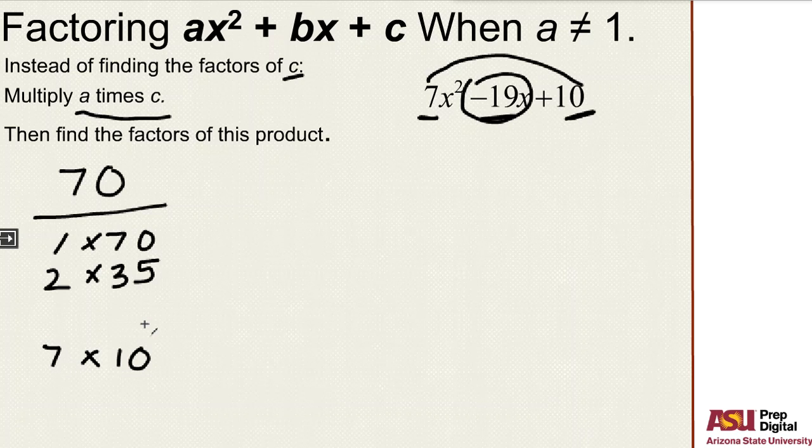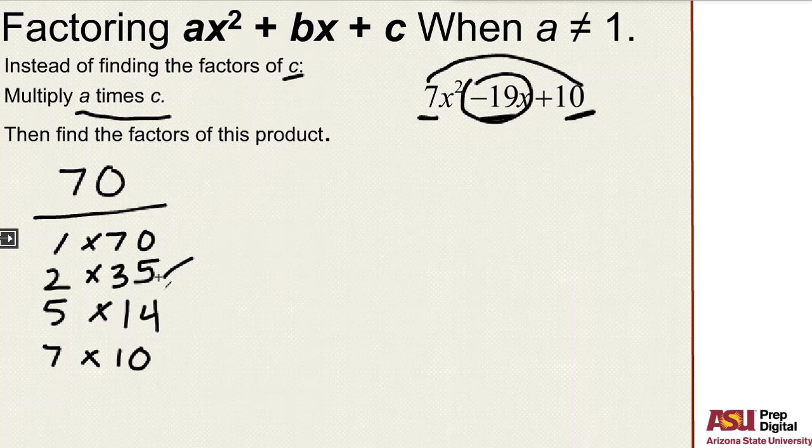And then there must be something in the middle, right? So perhaps if I try dividing by 5, then that would probably get me what I'm looking for. So 70 divided by 5 is 14, and so that looks like the pair that I want.